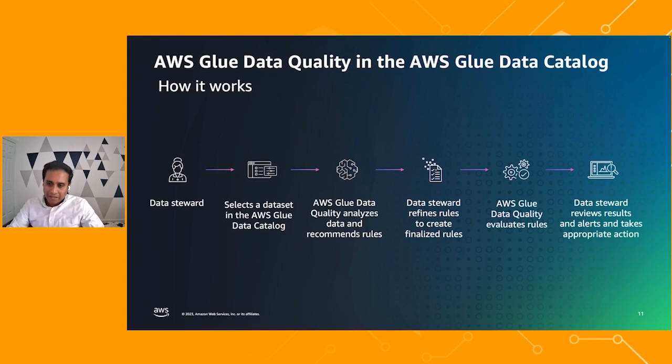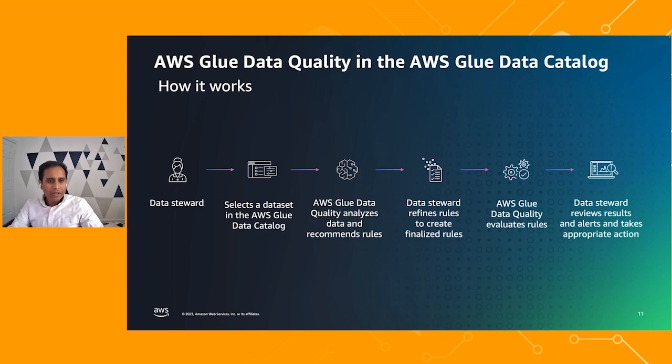We've provided sample codes for you to customize your notification. You can take all the alerts and then extract the data and then write it into S3 and you can build your own dashboards in order for you to ensure your data stewards can view how data quality is trending.